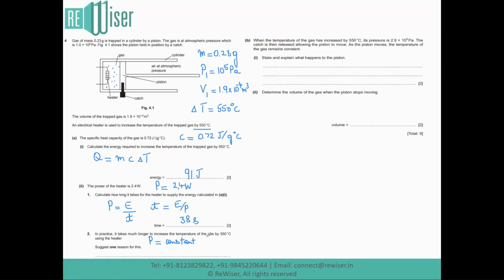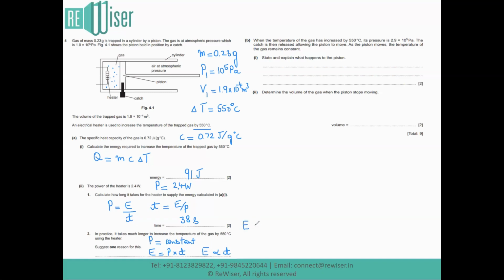If power is a constant, energy is written as power into time, so energy is directly proportional to time. When they say that it takes a longer time, they are indirectly implying that the energy consumed is also more.